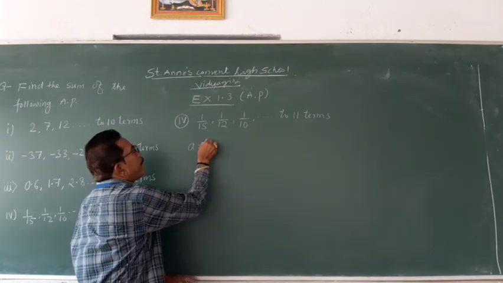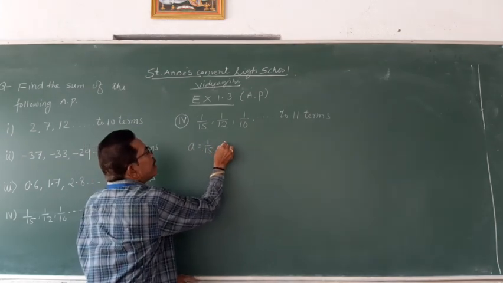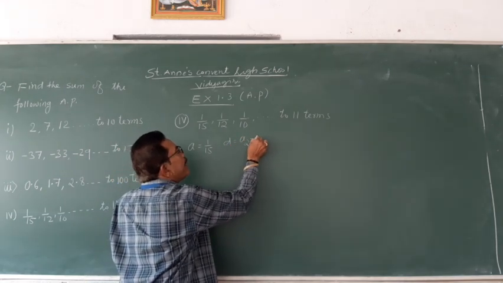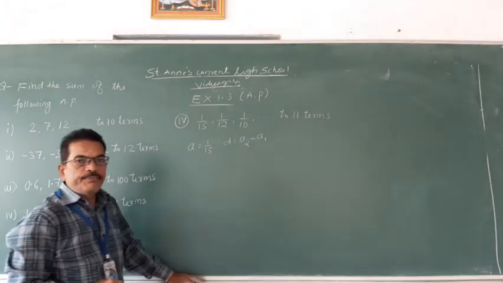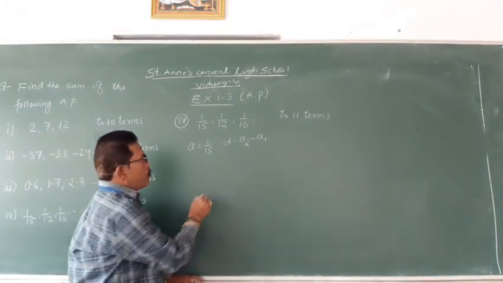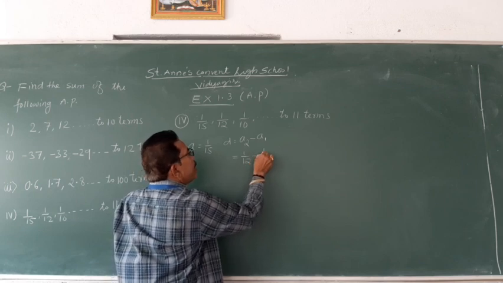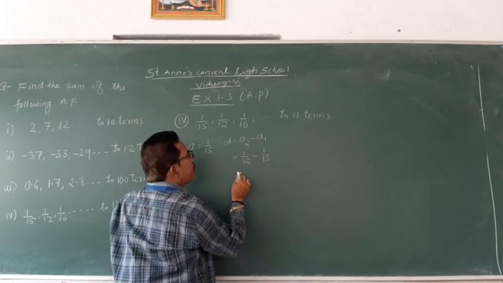A is 1 by 15. D is A2 minus A1, next 1 by 12 minus 1 by 15.